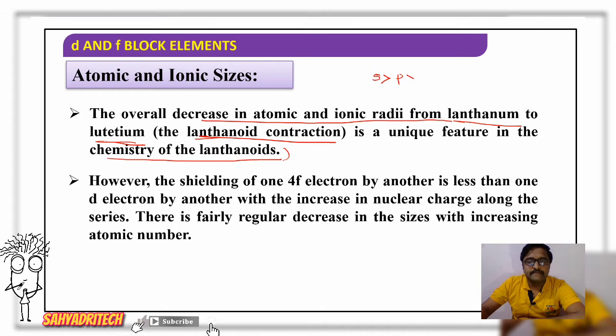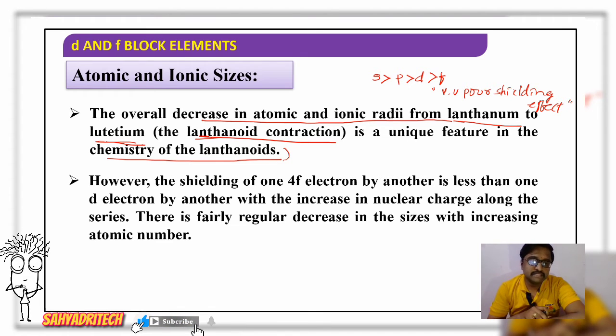Next will be p, next comes d, and the last one is f. This means f electrons have very poor shielding effect. Please remember, if the electron is present in the f subshell, it has very poor shielding effect; if the electron is present in the s subshell, it shows maximum shielding effect.